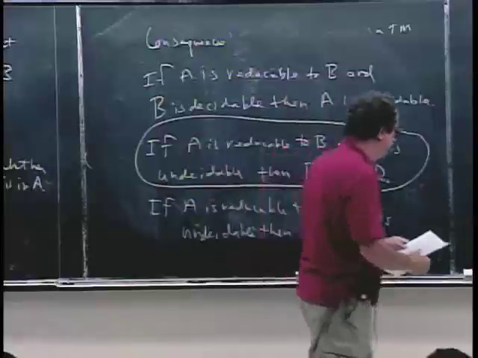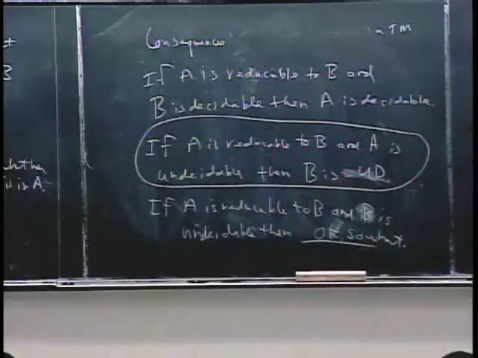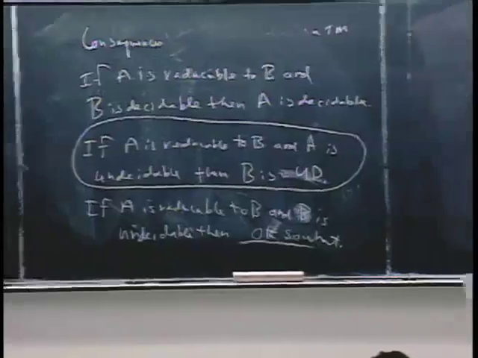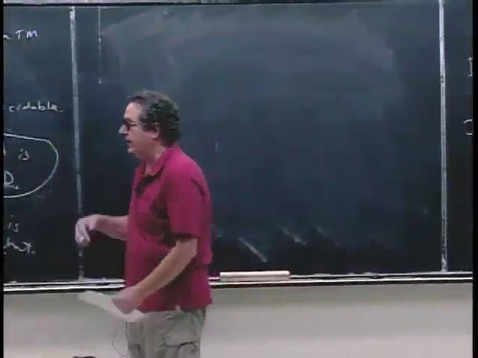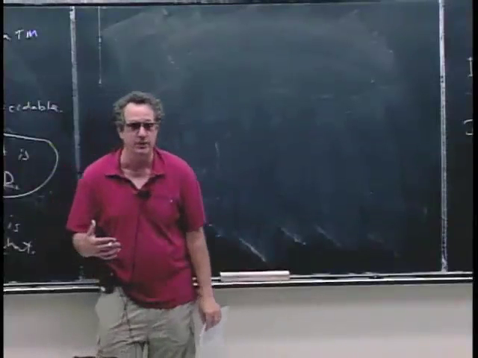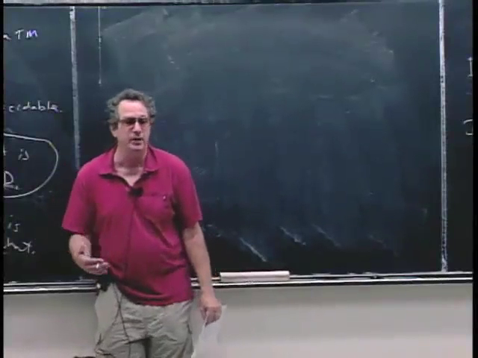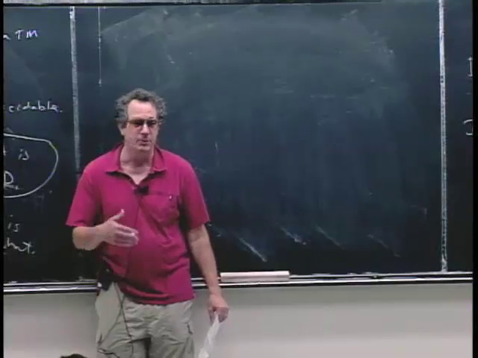Okay. We're going to exploit this to prove that additional languages are undecidable. And each one of those languages that we show to be undecidable, we could prove by a self-reference argument or by diagonalization.